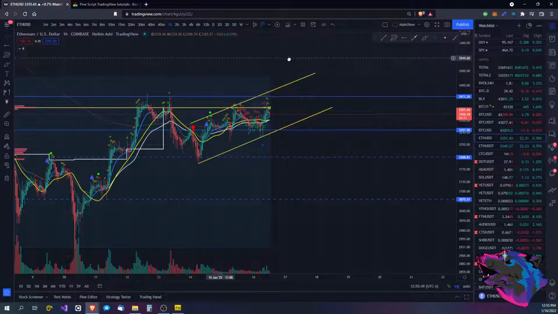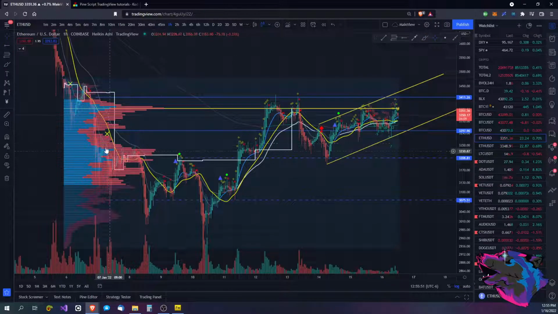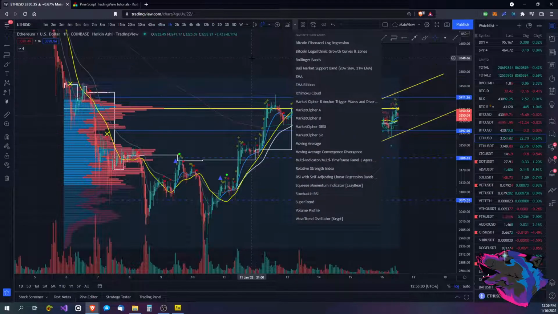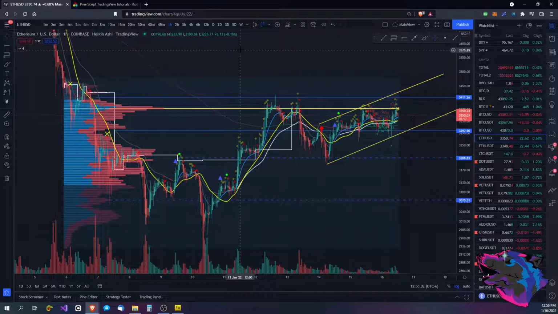All right. So that is our fixed range volume profile right there. And there's a couple other little ones if you are up in the indicators. I think there's dynamic range or something? I forget. This is the only one I've really used. Maybe at another time we could.